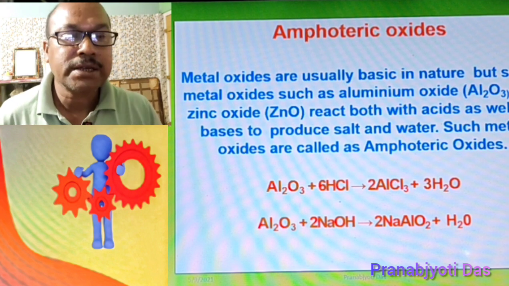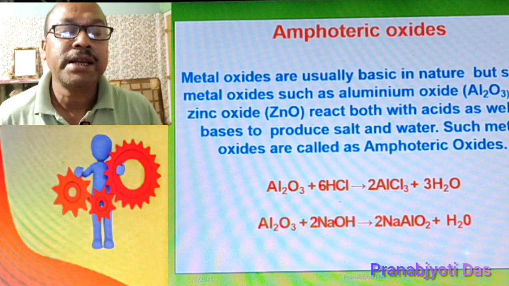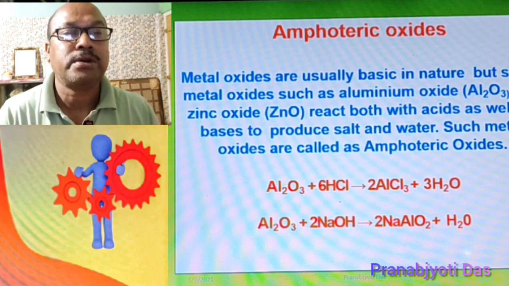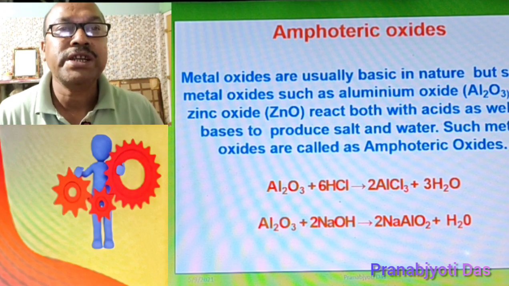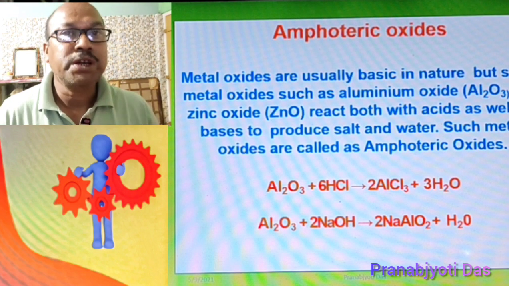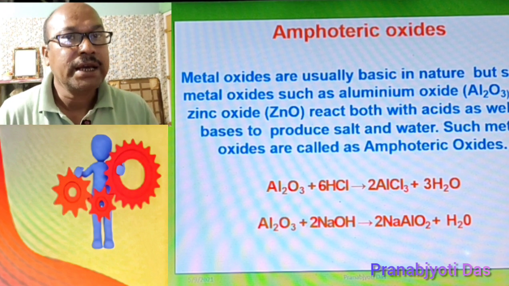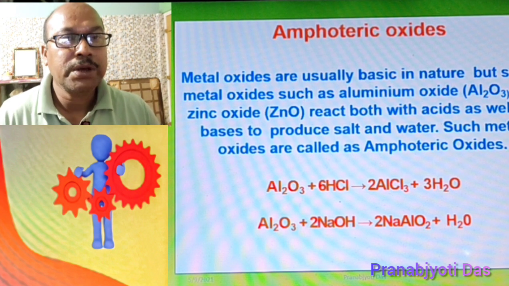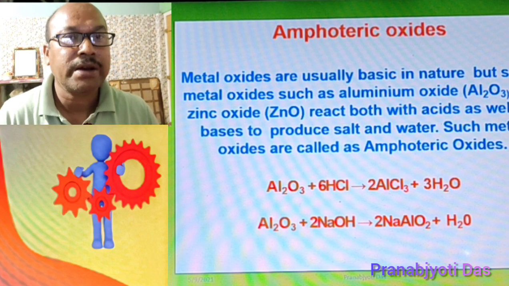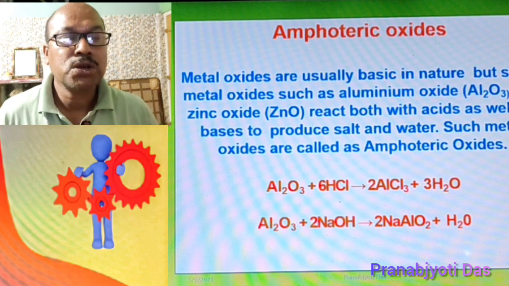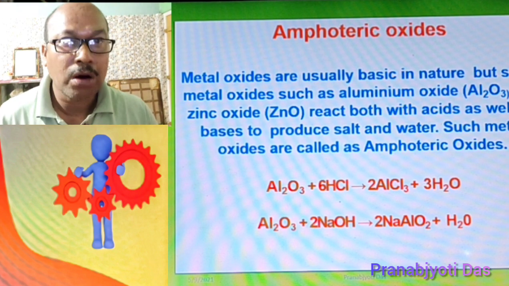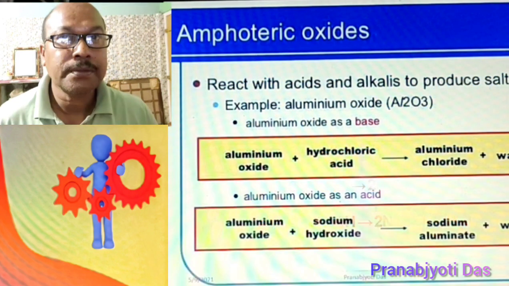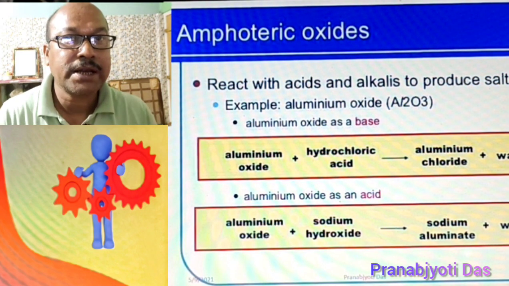But in the next example, the same aluminium oxide this time is reacting with sodium hydroxide. And at that time also it is producing another salt, sodium aluminate, and water molecule. So it proves that aluminium oxide is a metal oxide which is showing similar chemical reactions with acids and bases. So these metallic oxides, we are calling amphoteric oxides.